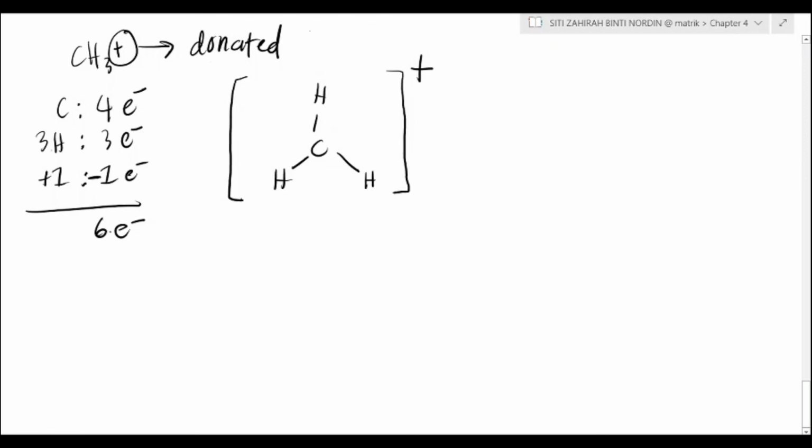So 6 electrons. Okay, so the second step is to subtract the bonding pair electrons. So there would be 2, 4, 6 minus 6 electrons. So we are left with none. Okay, so this is the Lewis structure for CH3 plus.